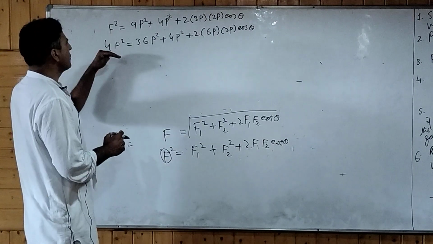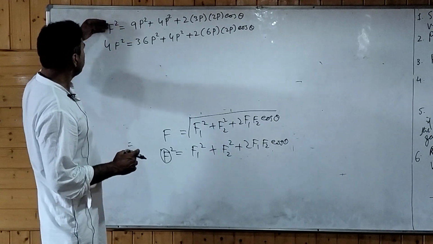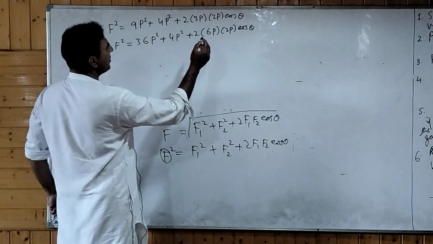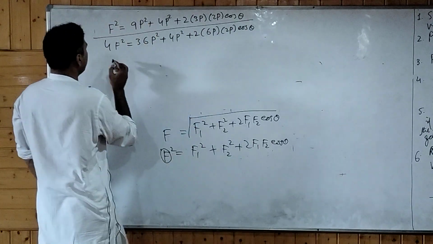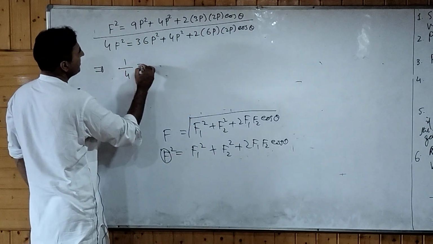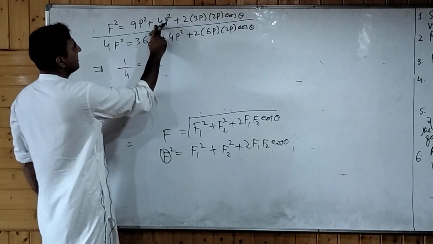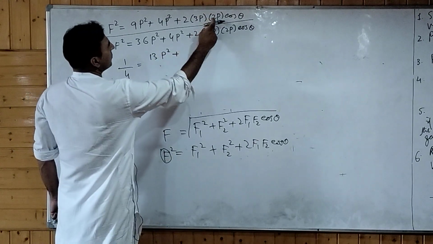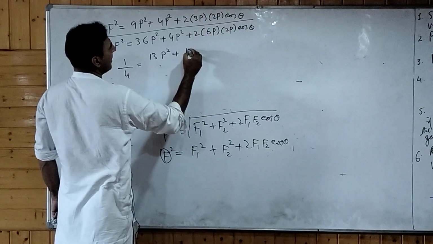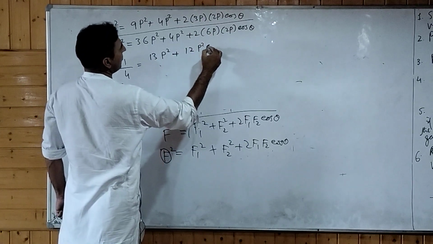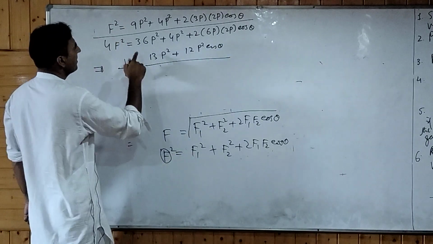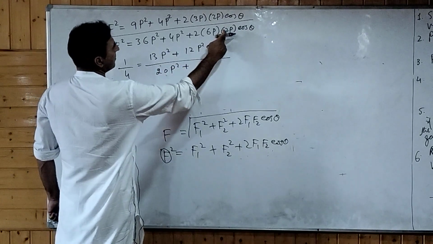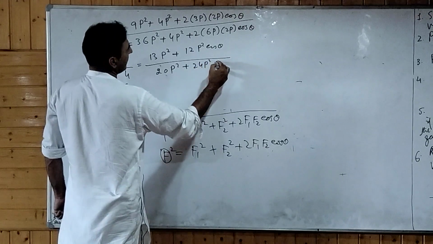And by dividing these two equations, that will be a simpler way. Otherwise, I have to substitute F here, but that will be a little lengthy. So divide these two equations. If I divide like this, what will I get? 1/4 is equal to, this is 9 plus 4, that is 13p square, plus 2 times 3 times 2, that is 12p square cos theta, divided by 36 plus 4, that is 40p square, plus 24p square cos theta.